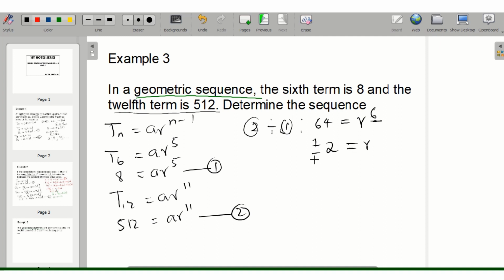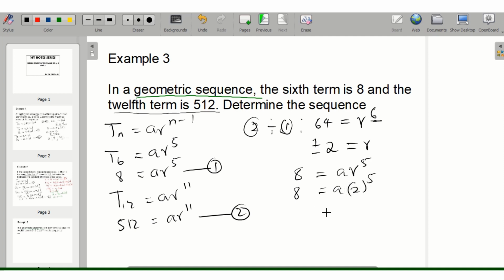So the first one is where r is positive 2. So let's get our value of a. We can use any equation. So let's say 8 equals a r to the power 5. So 8 equals a times 2 to the power 5.